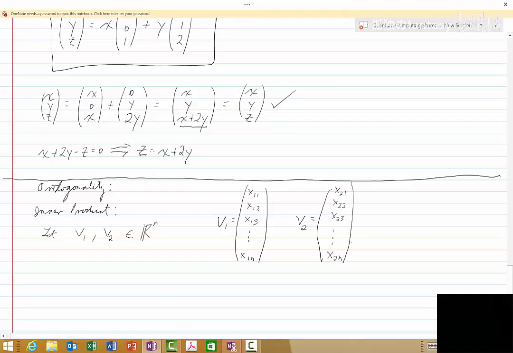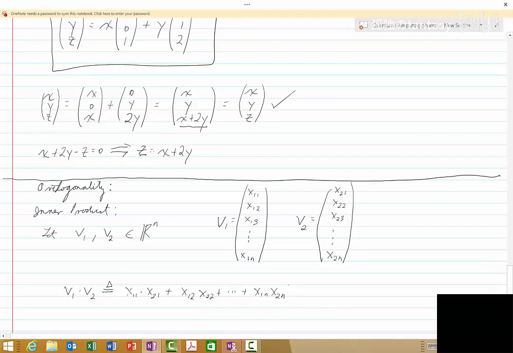And the dot product of V1 and V2, I'll put a delta over the equals sign to mean that this is defined to be equal to x11 times x21 plus x12 times x22 plus dot dot dot plus x1n times x2n.